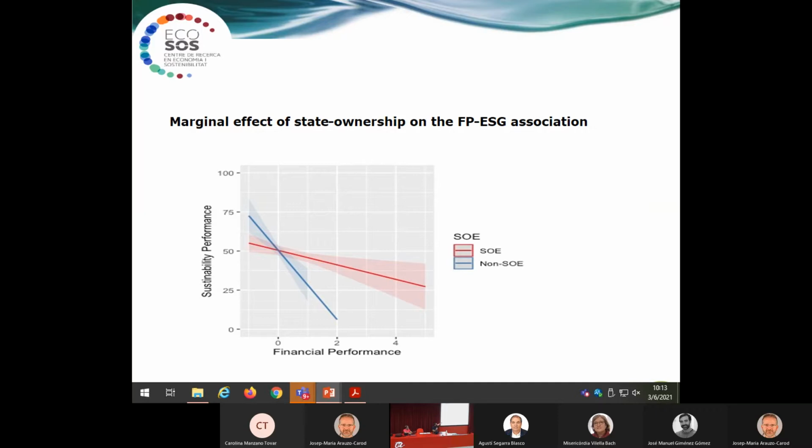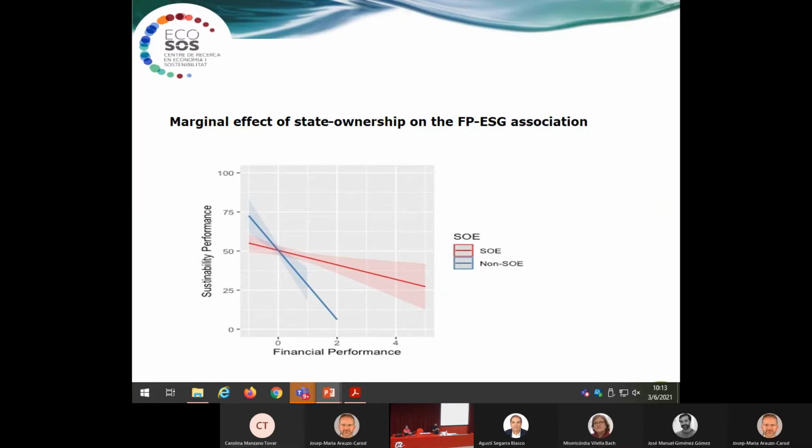The red line is for the state-owned airlines, and the blue one is for the non-state-owned airlines. You see that the two lines are not parallel; the red one is steeper. So the relationship between financial performance and ESG activities is moderated by state ownership.